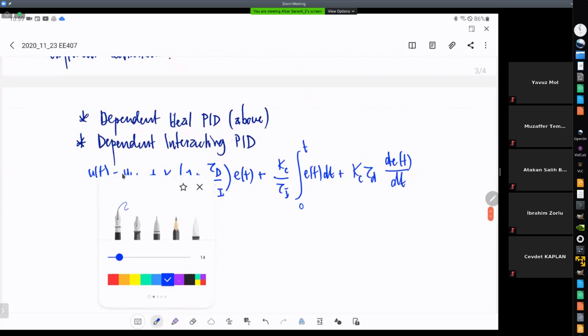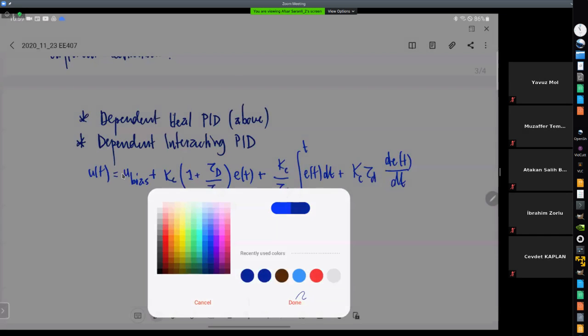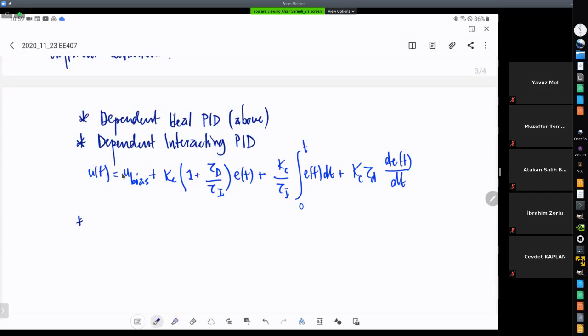And another one that you will be familiar with is the so-called independent PID.